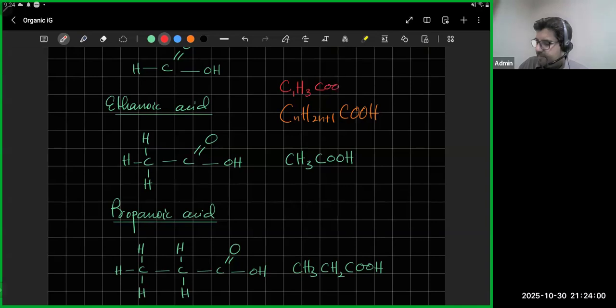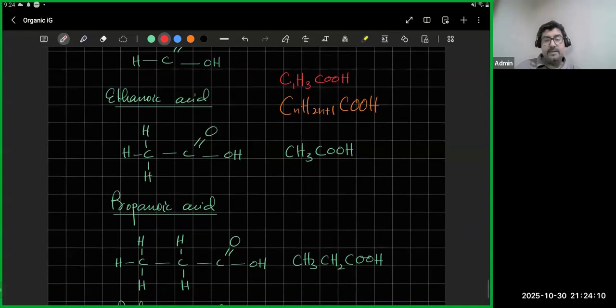And I'm going to have COOH, that's CH3COOH. So you have to be careful when using the general formula of this acid. A molecule has 2 carbon atoms, one is already here, so only one is needed.